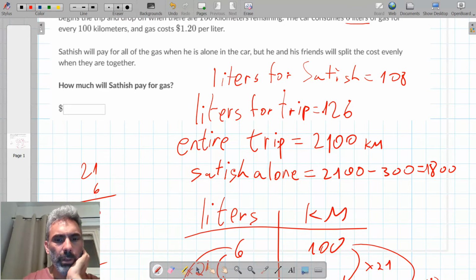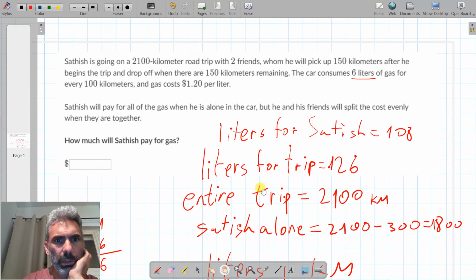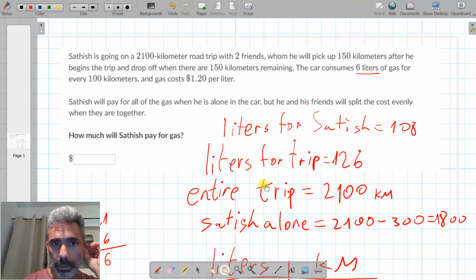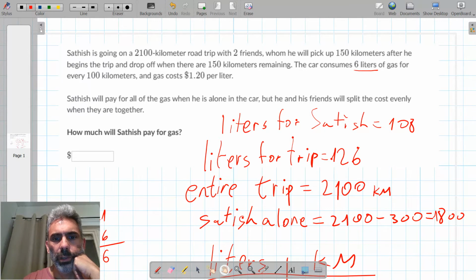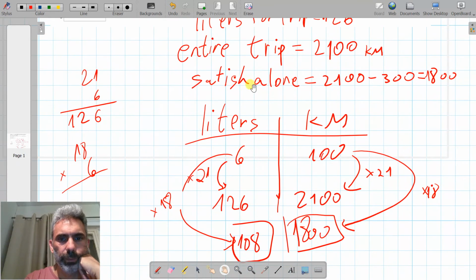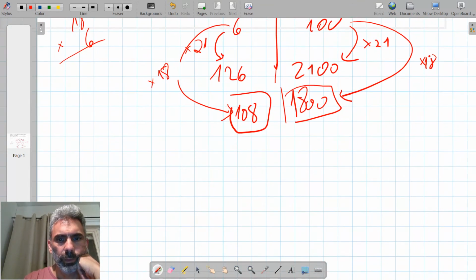108, and each liter costs $1.20. So this is the number of liters. We need to multiply the number of liters by $1.20. So 108 multiplied by $1.20.